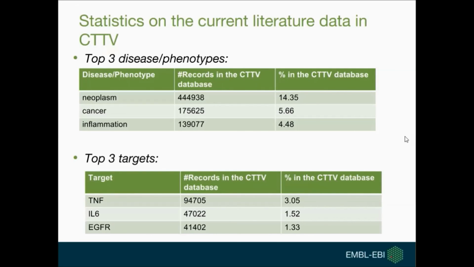This table shows the top 3 diseases and top 3 targets extracted using text mining methods. Neoplasm, cancer, and inflammation are the top 3 diseases in the platform, and TNF, IL-6, EGFR are the top 3 targets in the platform.